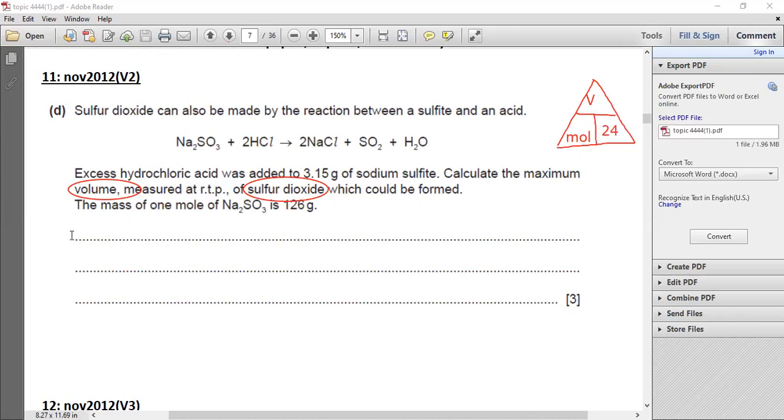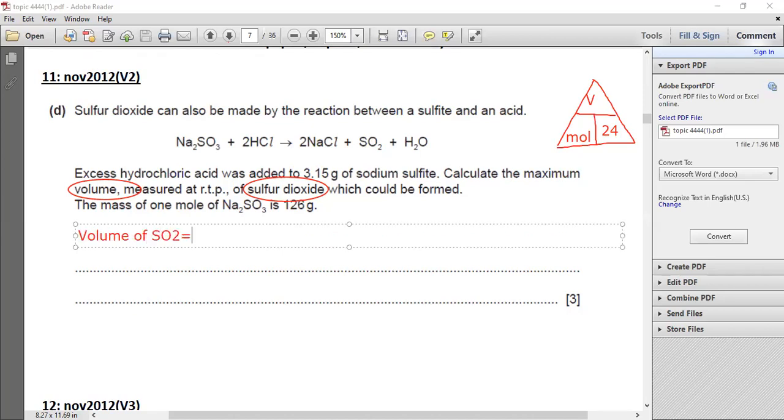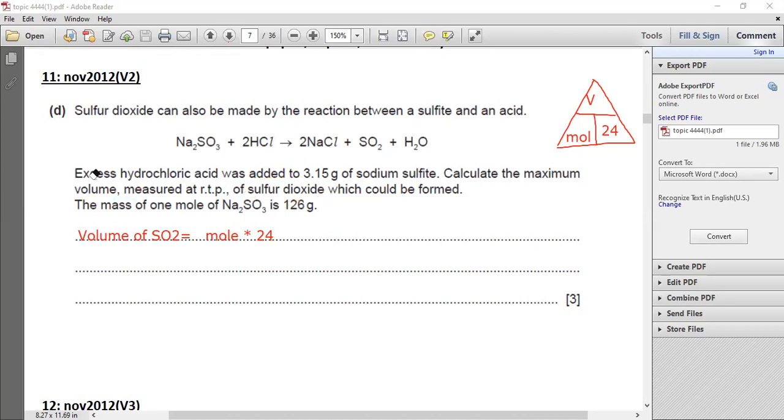So volume equals moles multiply 24. So volume of SO2 equals moles multiply 24. What is the moles of sulfur dioxide, Roa?